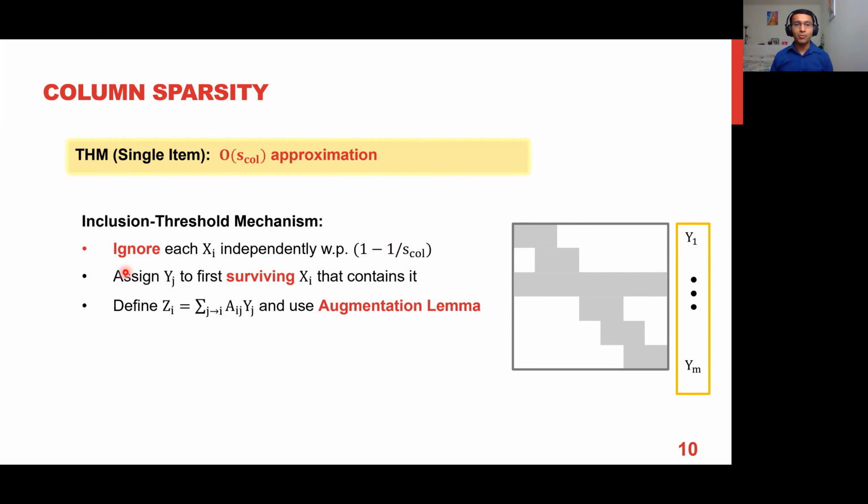The point you exploit is that because column sparsity is small, each feature only belongs to a small number of x_i's. So there's a decent chance that whichever is the right x_i you should be targeting, the one containing the corresponding y_j, gets assigned to it. Basically, this allows you to apply the augmentation lemma. I'm not covering the details, but it's not super hard. You can find it in the paper and get an order s_col, order column sparsity, approximation ratio.